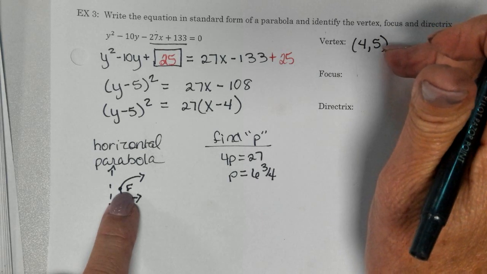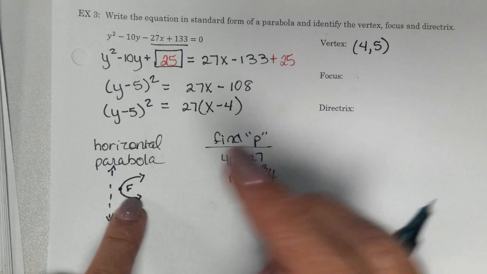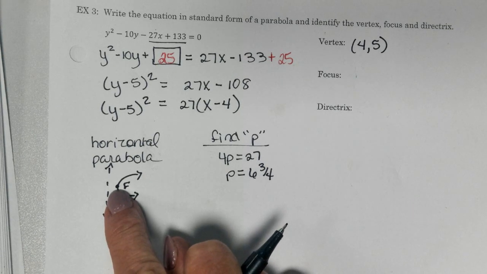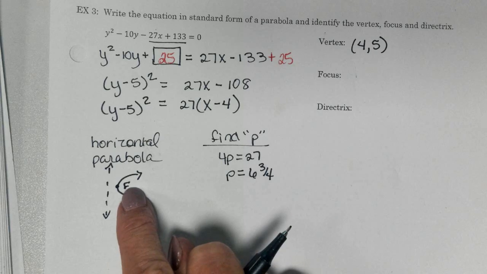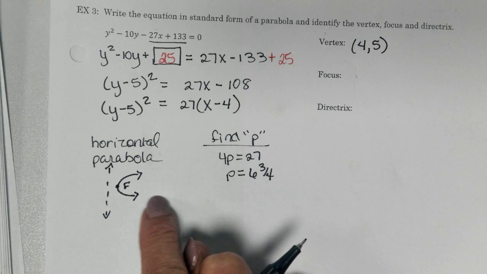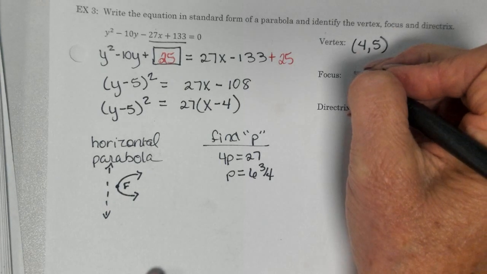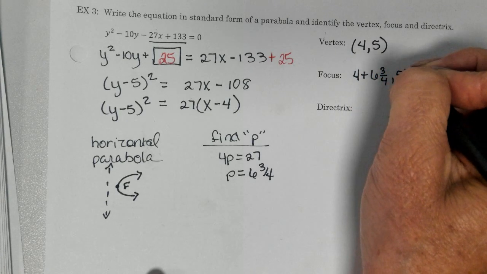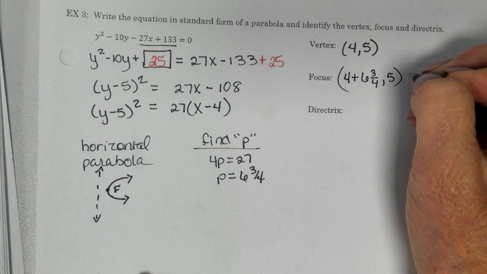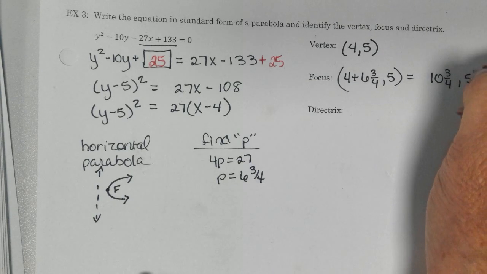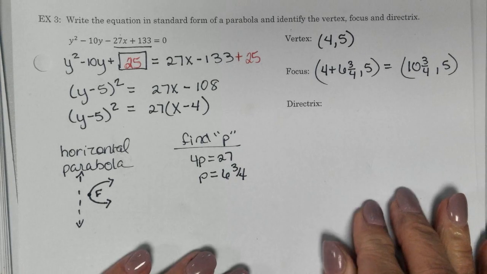So which coordinate is being affected? The x. So to get to our focus, are we going to have to add 6 3/4 to move right, or subtract 6 3/4? We're adding because we're moving in a positive direction. Okay? So we are going to take that 4 and add 6 3/4 to it. So there you go. So you've got 10 3/4, comma, 5. That's where our focus is going to be.